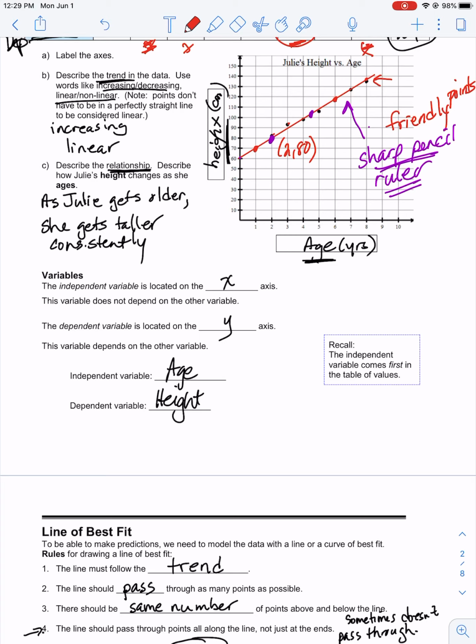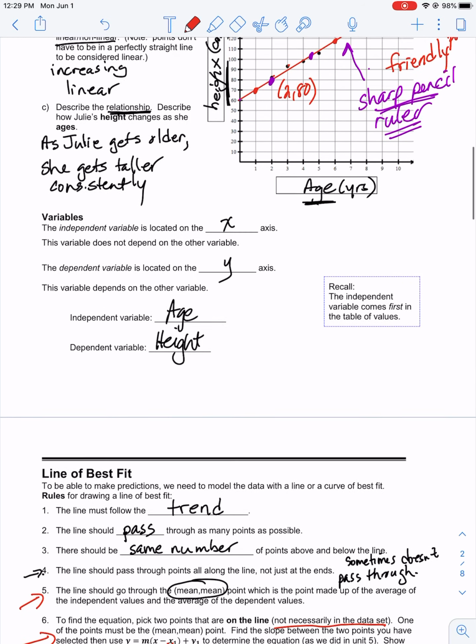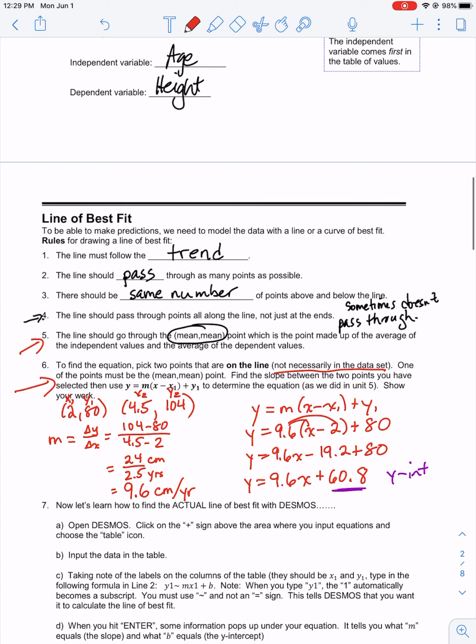Pick points that are easy to read on the graph. Either they're right on a corner of the grid, or they're a point that is actually from the data set, but they have to be on the line. On the line. I can't stress that enough.